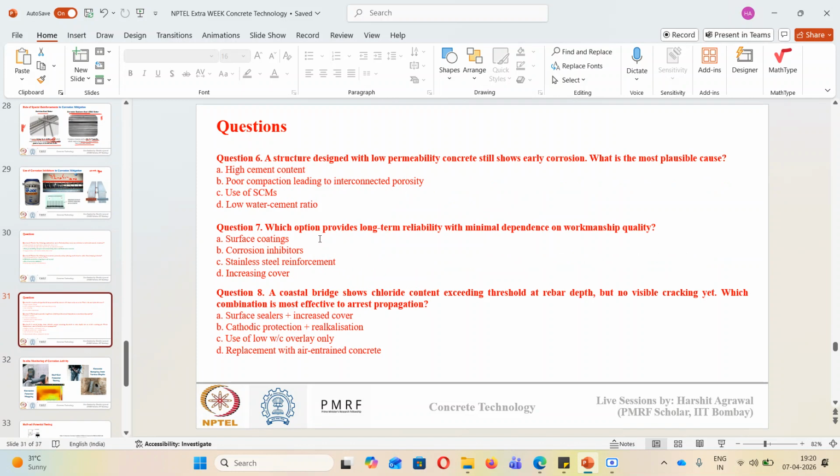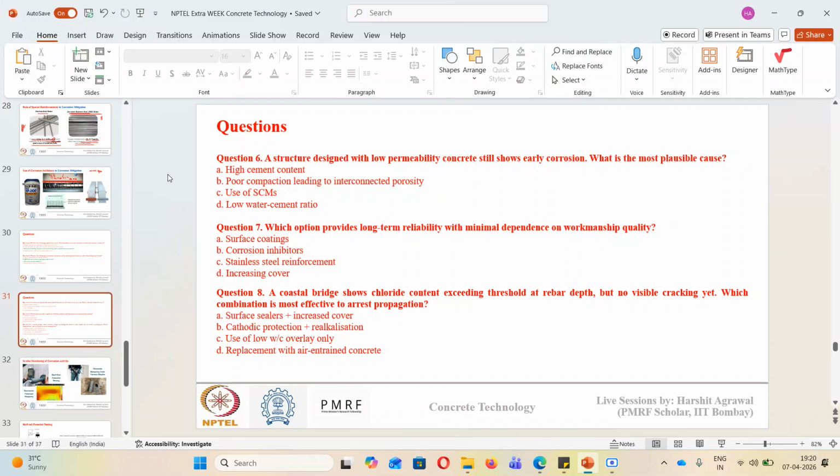So question number 6 is, a structure designed with low permeability concrete shows early signs of corrosion. What is the most plausible cause? Though that concrete was designed with low permeability, it still showed early corrosion.